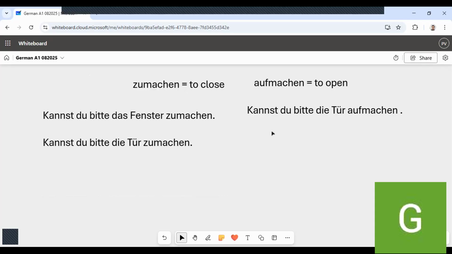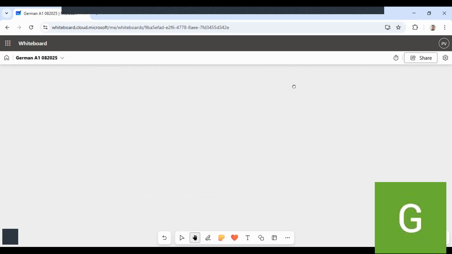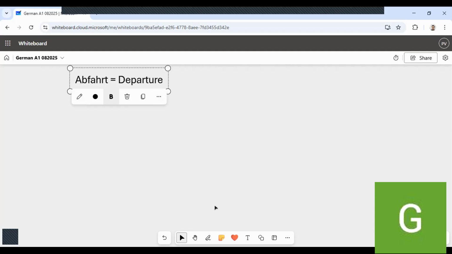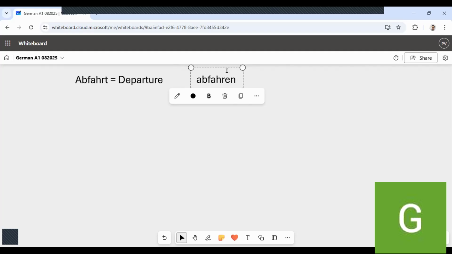Also, there are some more Trennbar verbs like abfahren. Mostly at the airports, you can see abfahrt. Abfahrt is actually departure. Okay? So whenever you go to a German airport, you will always see abfahrt. Abfahrt means departure. Why is it called departure? Because abfahren is the verb which means to depart, when the flight is departing, when you are departing.